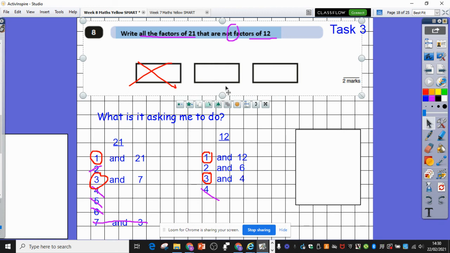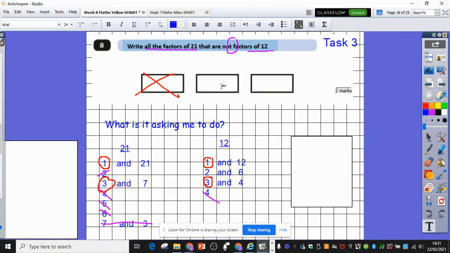So I can put 7 in here and I can put 21 in here. So there we go. I've listed my factors of 21 and 12, I've found the common factors, and it's asking me what factors aren't factors of 12. So it's 21 and 7 is my answer.